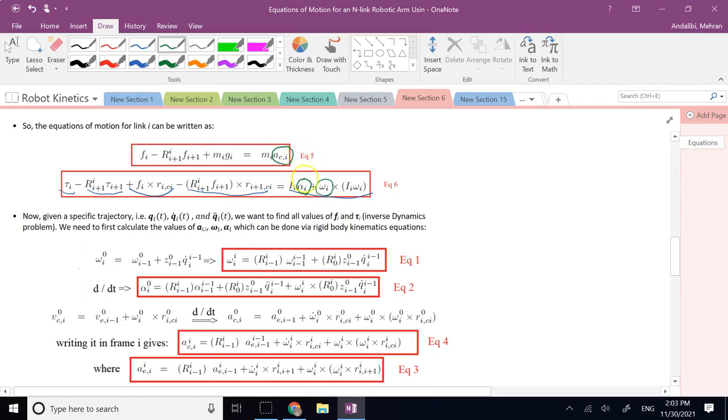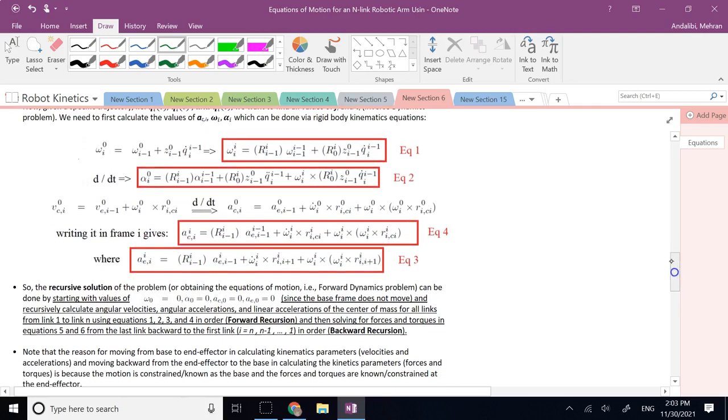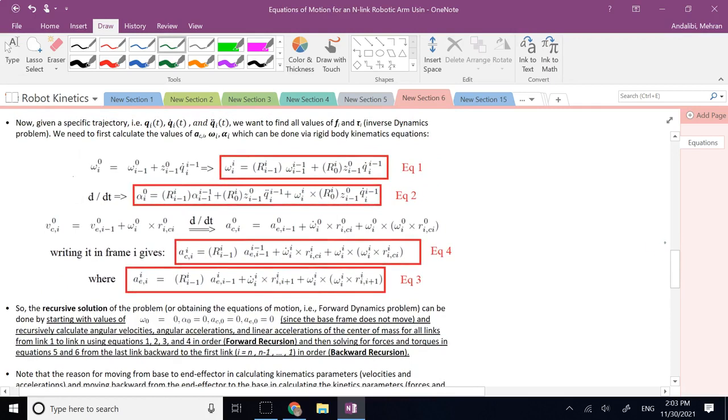So I have three kinematics quantities, a, alpha, and omega, that I need to calculate in order to be able to use equations 5 and 6. And that's where we go to our kinematics knowledge and kinematics equations, the equations that I earlier mentioned for you.